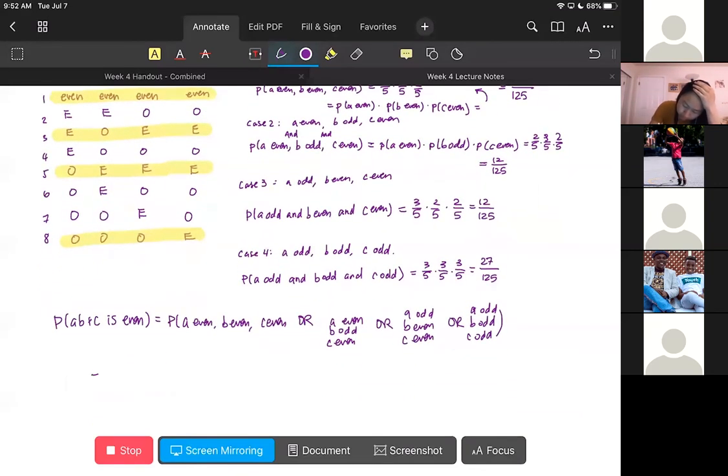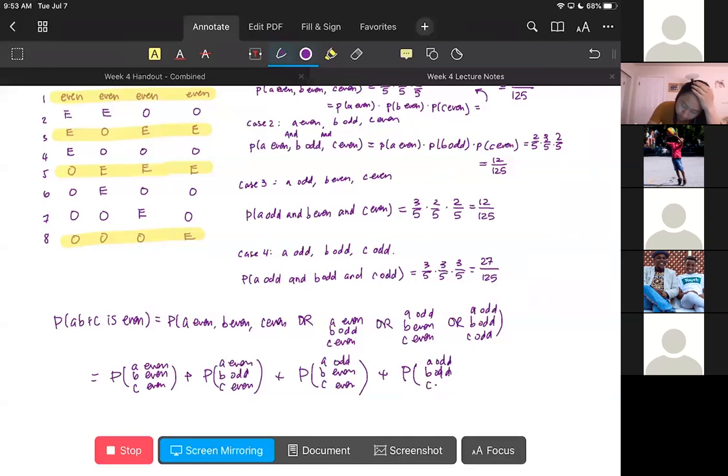So this equals probability A even, B even, C even, plus probability A even, B odd, C even, plus probability A odd, B even, C even, plus probability A odd, B odd, C odd.